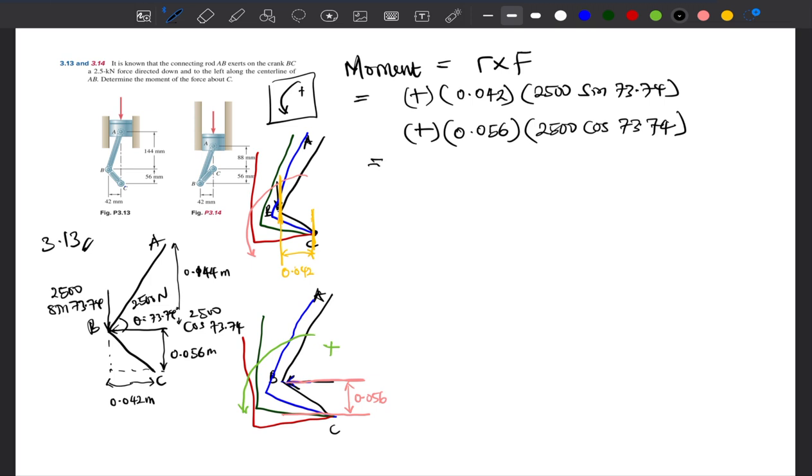So we are going to solve that. Then we should have 100.8 plus 39.2. If you calculate that, we should have 140 Newton meter. Then because it's positive, you can draw our symbol, 140 Newton meter.